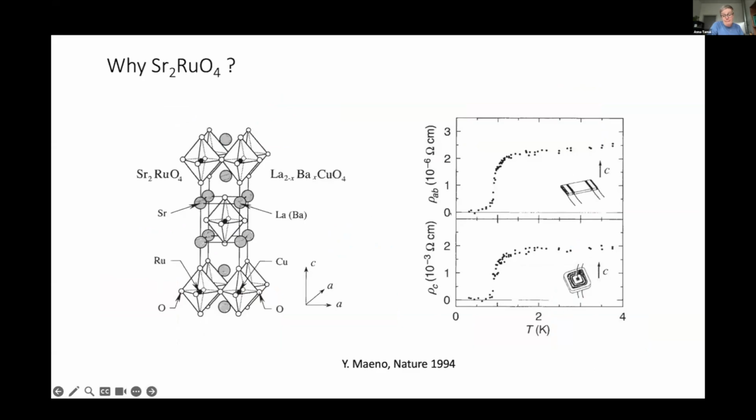And the interest in the material came from the observation of unconventional superconductivity. It was one of the first layer perovskites, other than cuprates, to show superconductivity. And for nearly 30 years, people are still discussing what is the symmetry of the order parameter in strontium-2 ruthenium 04.